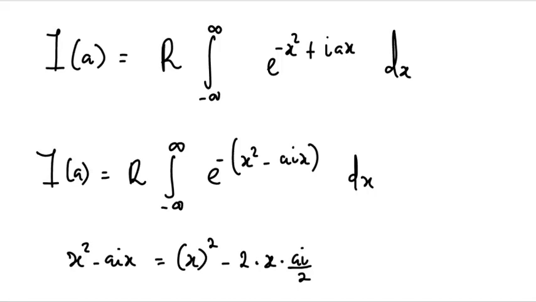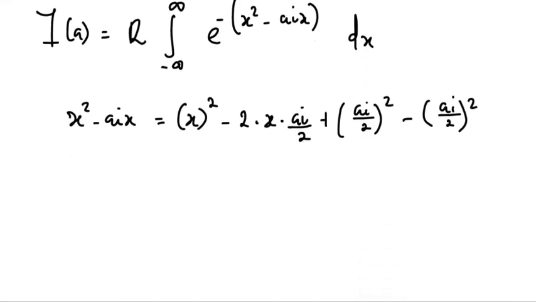I don't mean the artificial intelligence, please. This is just a multiplied by the imaginary unit. And here we're going to add the square of a times the imaginary unit divided by 2, whole squared. Don't forget we need to subtract that to balance this equation. So that becomes a multiplied by the imaginary unit divided by 2, whole squared.